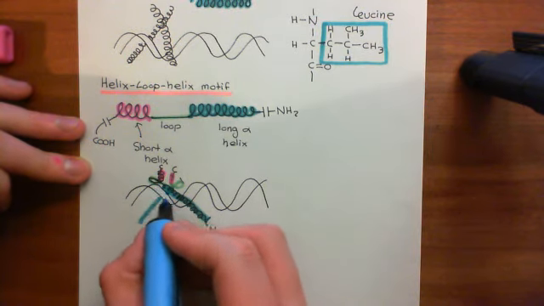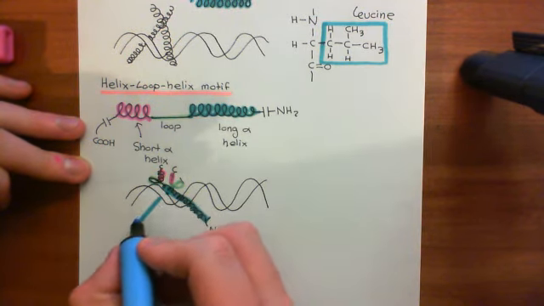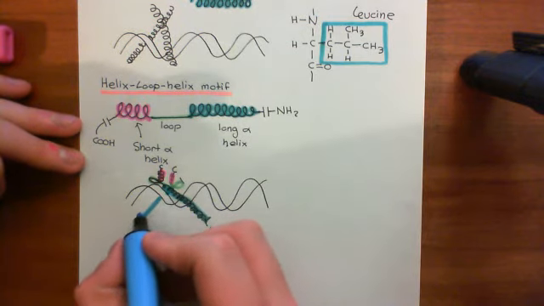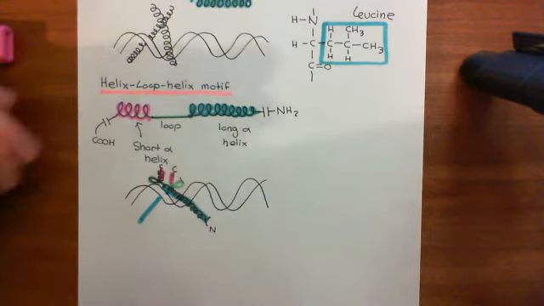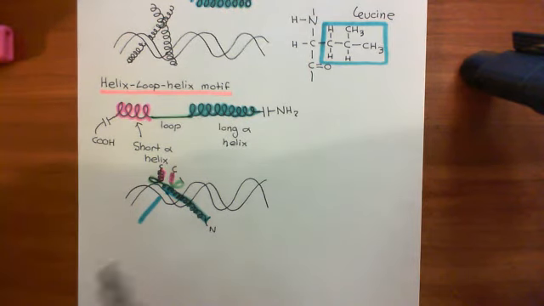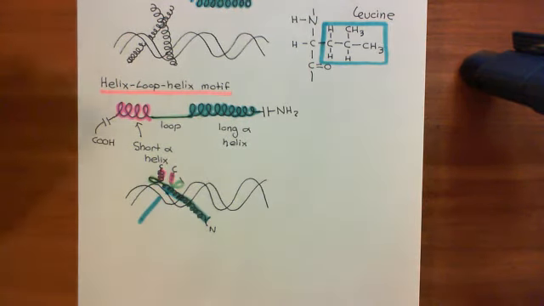It's a minor groove on our side, but on the other side it's a major groove, and it's going down in that major groove. Okay, right, so that then is the structure of a helix-loop-helix motif and how they dimerize together to dimerize the two transcription factors which contain these helix-loop-helix motifs together. Okay, so that now concludes our discussion of transcription factors.